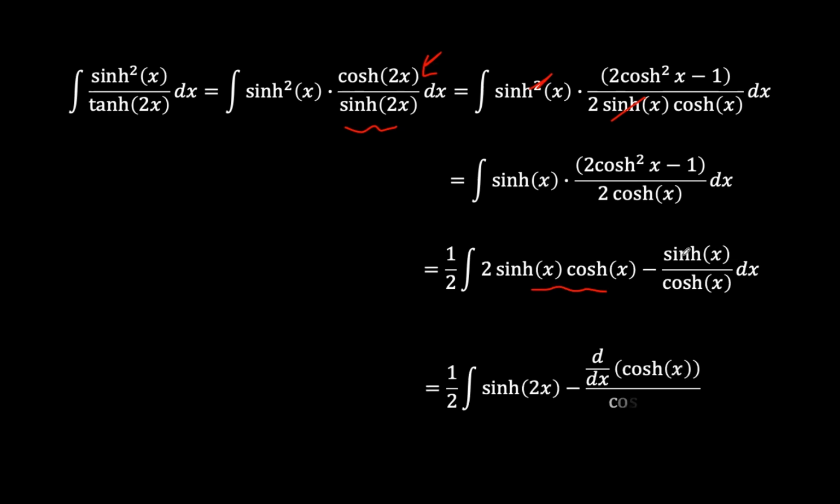On the second term, hyperbolic sine x is the derivative of hyperbolic cosine x, and any expression like this, when integrated, is the natural logarithm of the function in the denominator.